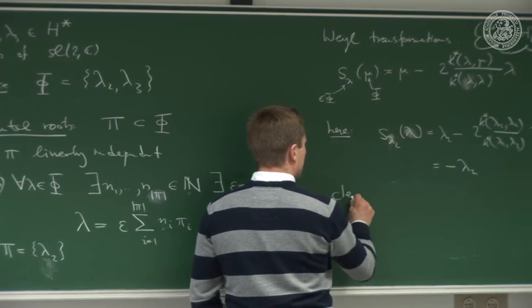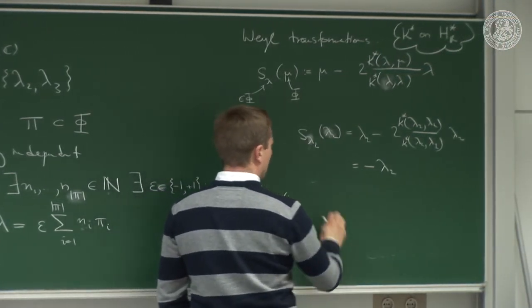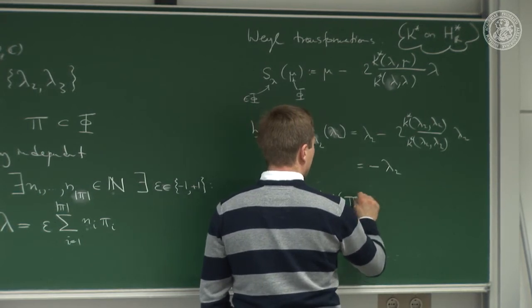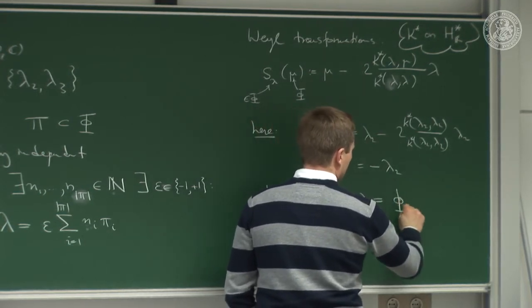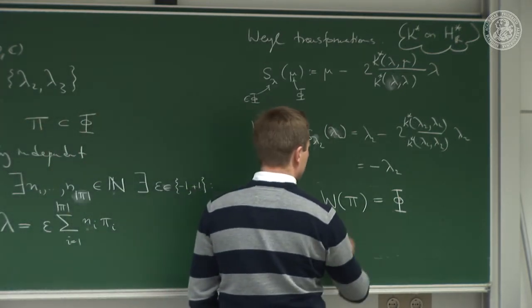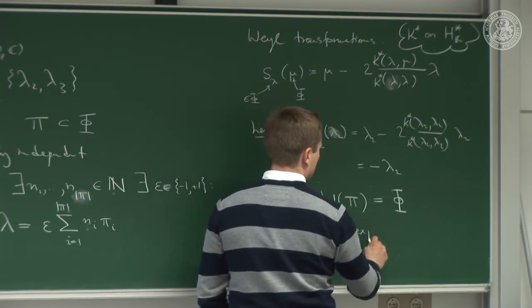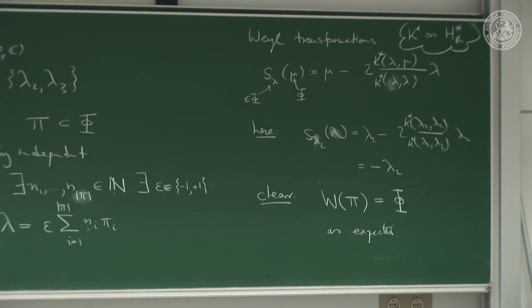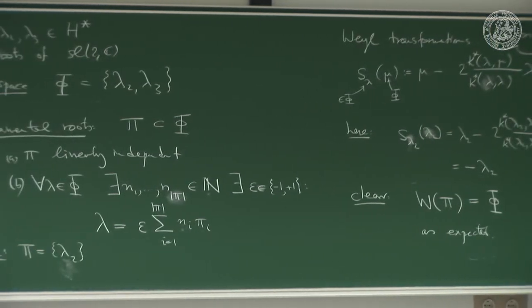So it's clear that our general theorem here applies: the Weyl group acting on the set of fundamental roots generates all the roots, the entire root space, as expected. Well, if it didn't, it would show that we calculated wrong.